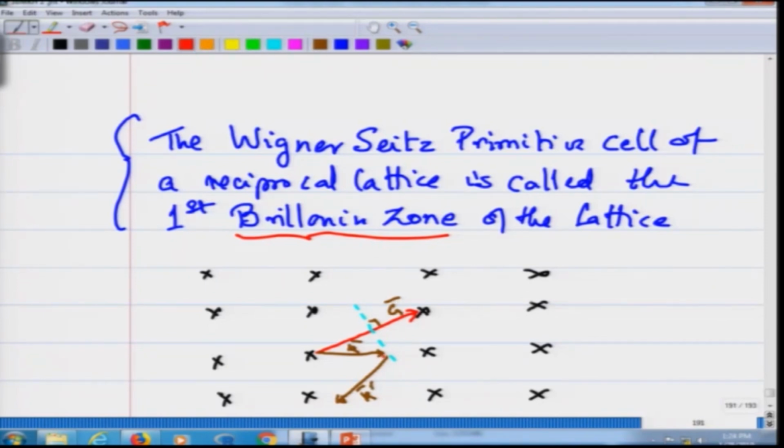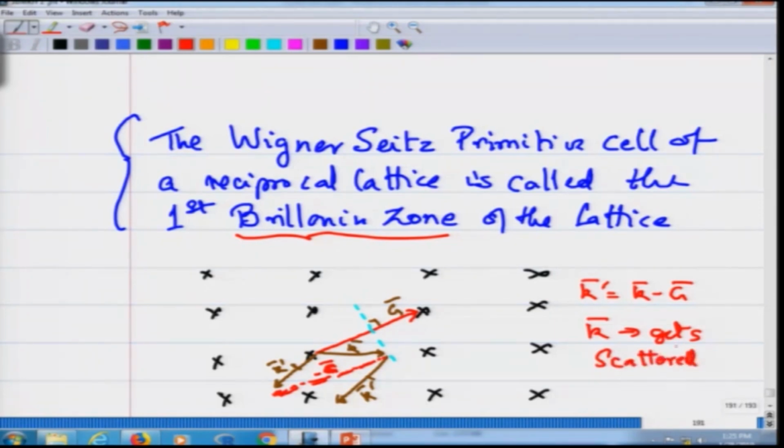So I can redraw it as this is in the minus G direction, this is your minus G and this is my k, this is my k prime, this is my minus G direction, and then this part of the diagram I can rewrite it as, so a wave which is scattered to k prime is equal to k minus G. So k gets scattered or diffracted to k minus G from the Brillouin zone boundary.